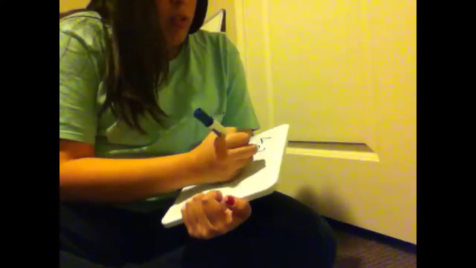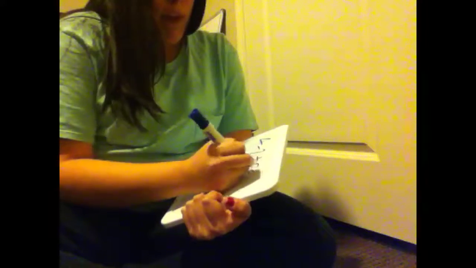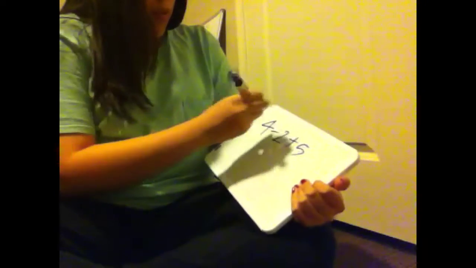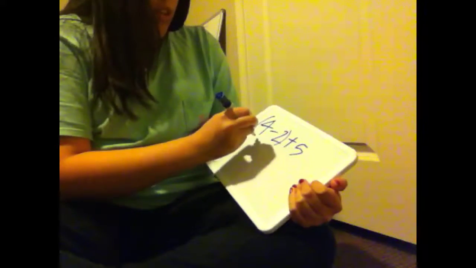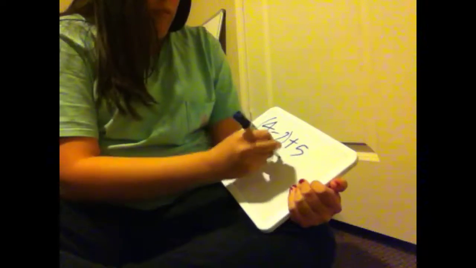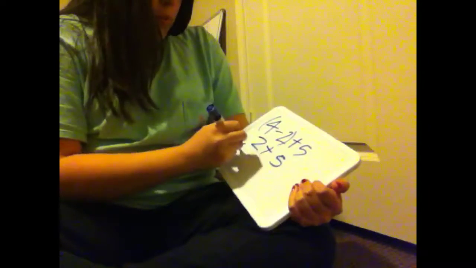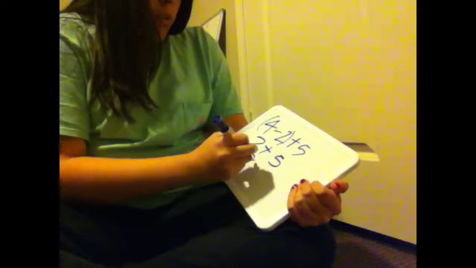Now, the associative property only works with addition. We can't do it with subtraction, because if we try to do like 4 minus 2 plus 5, we can group together this 4 and the 2, and that'll give us plus 5. Now we have 4 minus 2 plus 5.